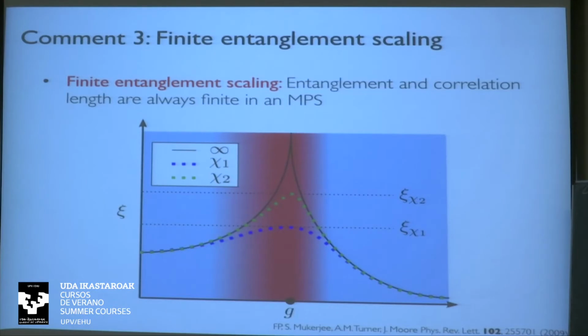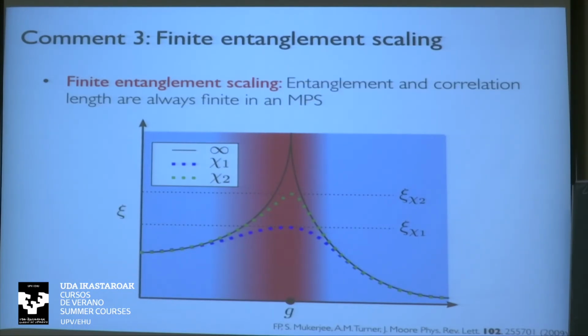You recall that I pointed out that the algorithm and these ideas work in gapped phases. But in between, there's a critical point where the system is gapless, so we cannot write down the ground state in an efficient way in terms of a matrix product state.